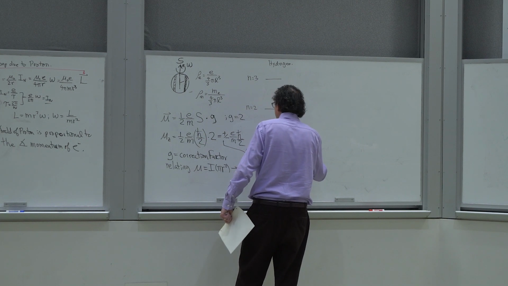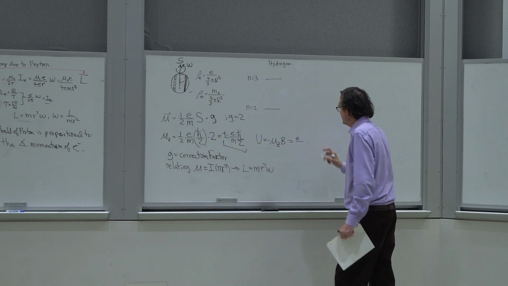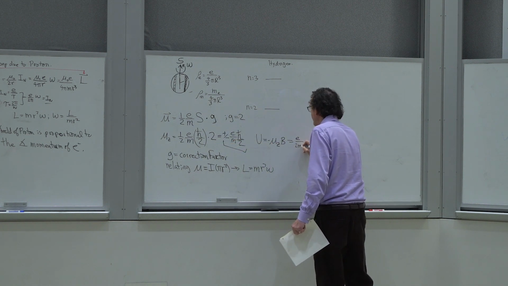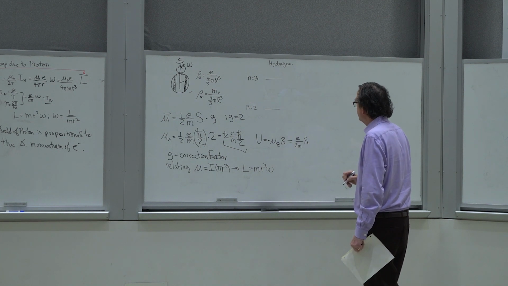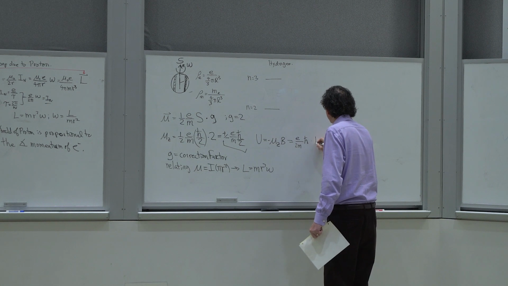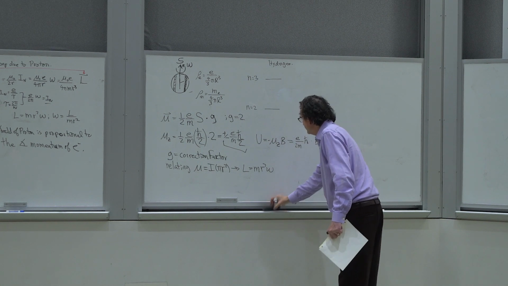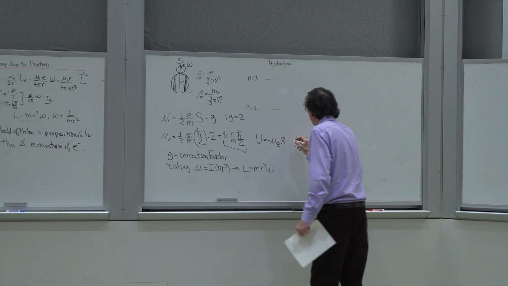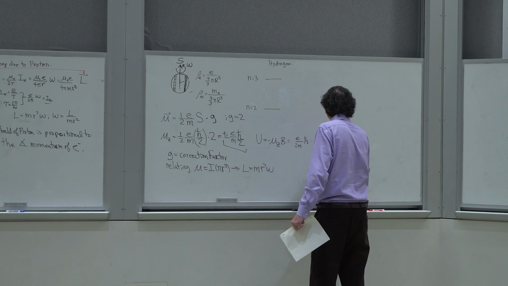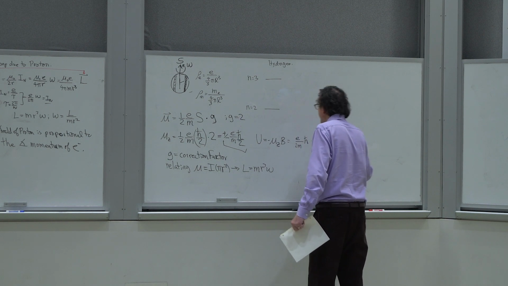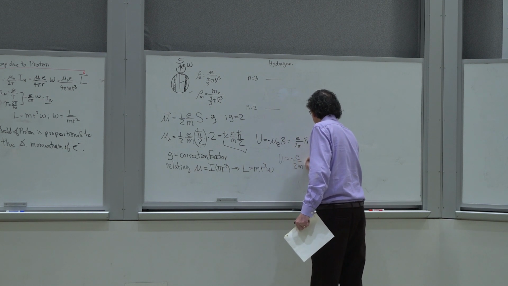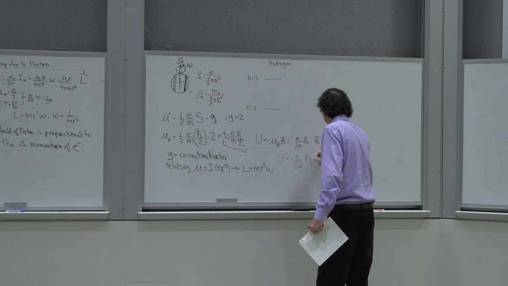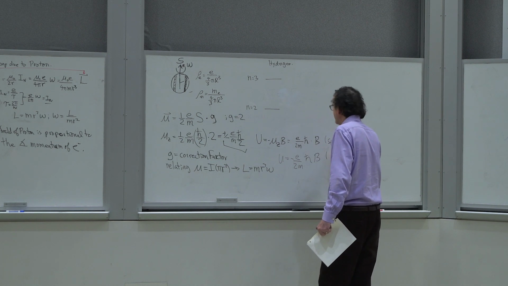So mu is equal to e over 2m times h bar, and B is the external magnetic field. I have one value for spin up, and I have another value for spin down. So U is minus e over 2m h bar times B for spin down.